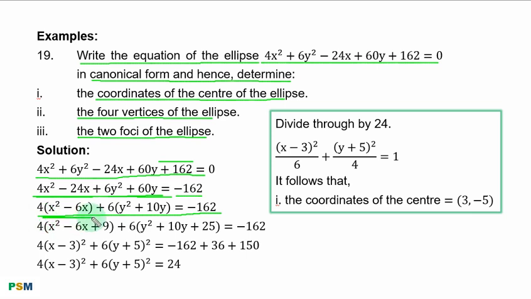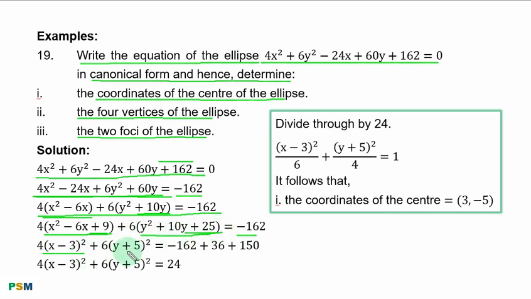You take half of the coefficient of x, that is minus 3. You square it, you have 9, you add it. Half of the coefficient of y is 5. You square it, you have 25, you add it, equal to minus 162.